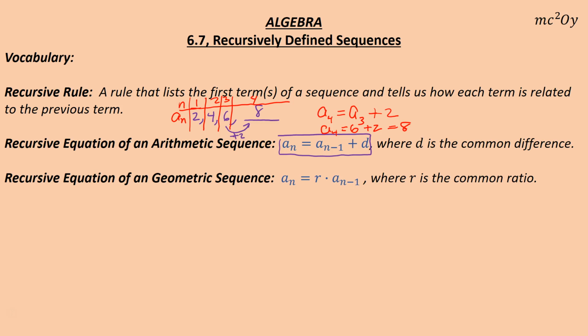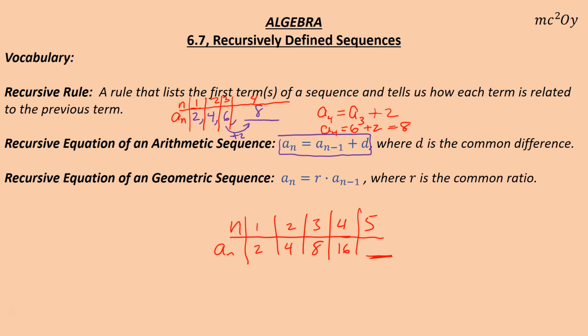Let's say, for instance, I want to use a geometric sequence. Let's say n is 1, 2, 3, 4, and 5. So we have 5 terms, and a sub n is 2, 4, 8, 16, and I want to know the next term.